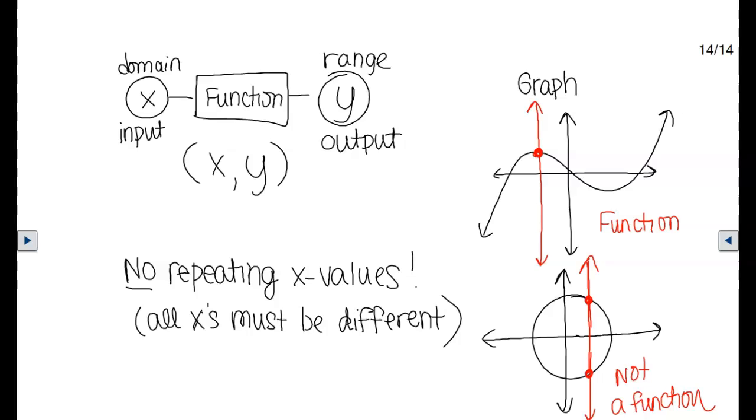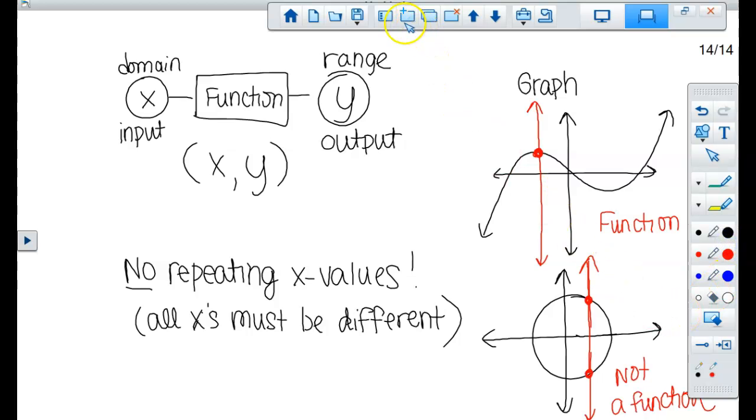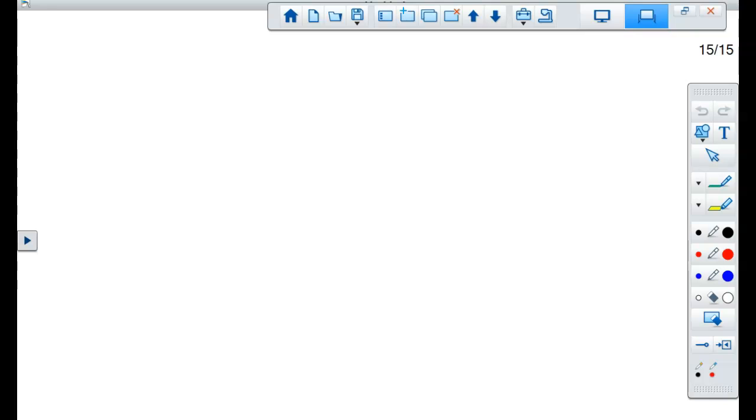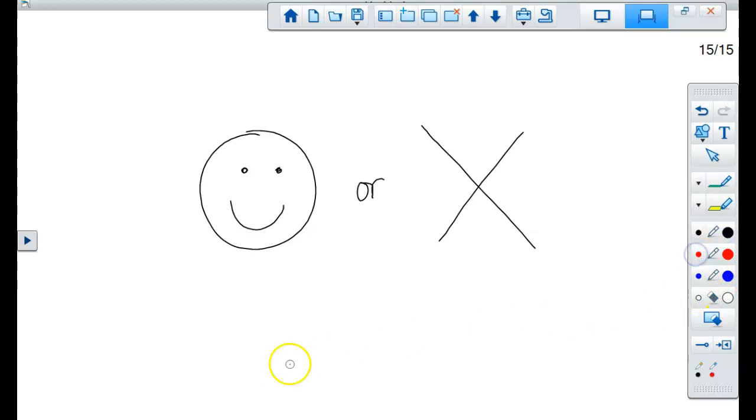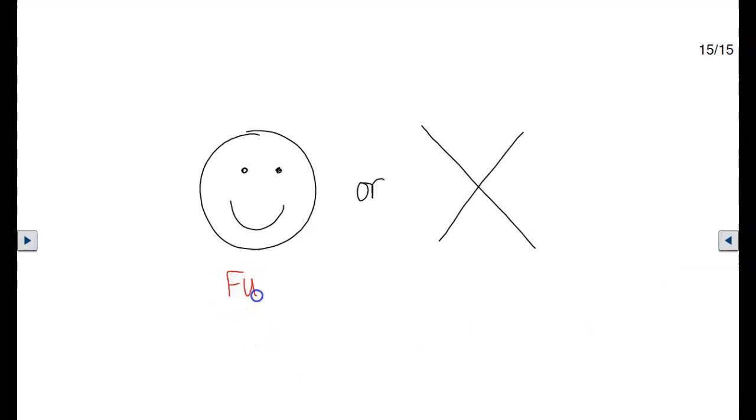Now, on today's assignment, you are going to be simply looking at some things and saying, yes, it's a function, or no, it's not. The way I did this is I've given you on each question a green smiley face or a red X. If you think the thing you're looking at is a function, drag the green smiley face over and place it on top of the problem.